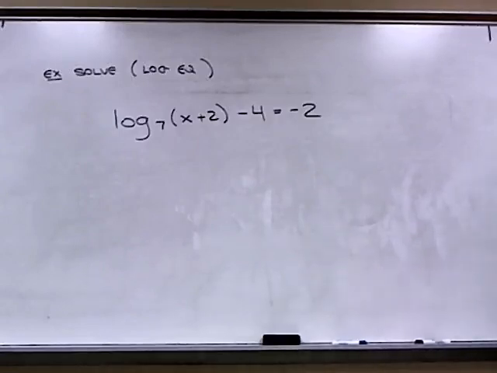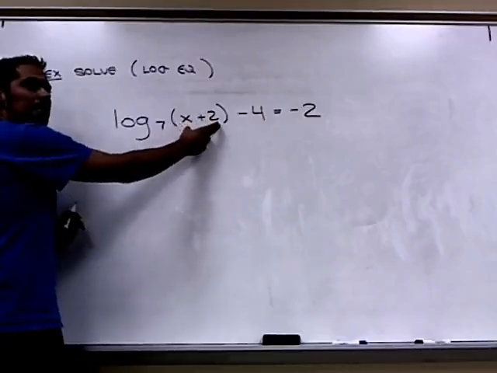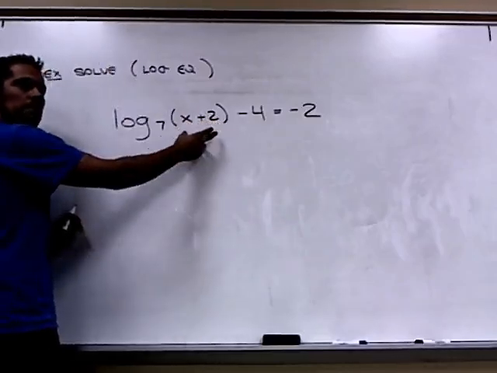So with the exponential equation, the x we were solving for was where? In the exponent, right? Up in the top. With the log equation, where's the x? Inside the log, right? This is our base. This is the thing that's inside the log. This is what we call the argument of the function.